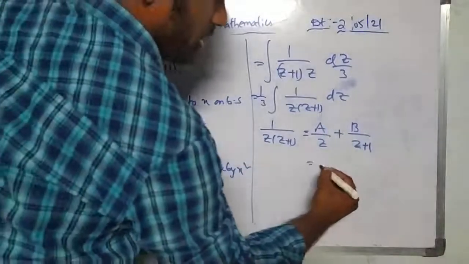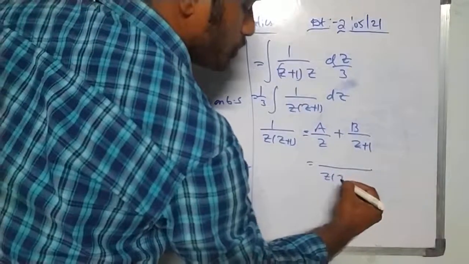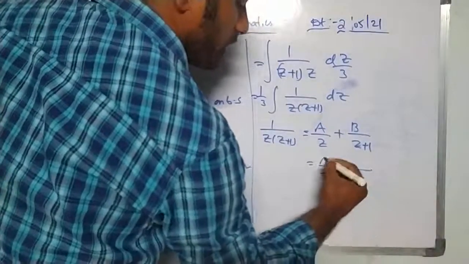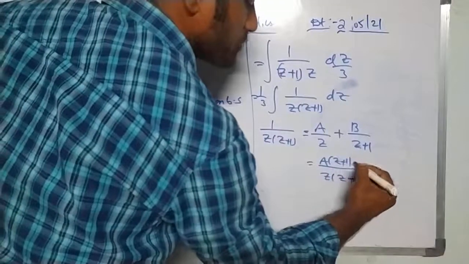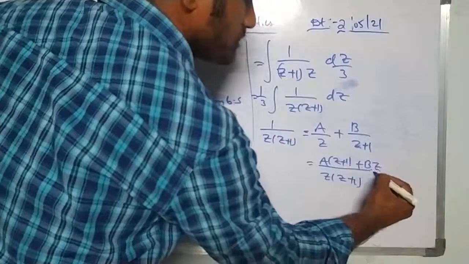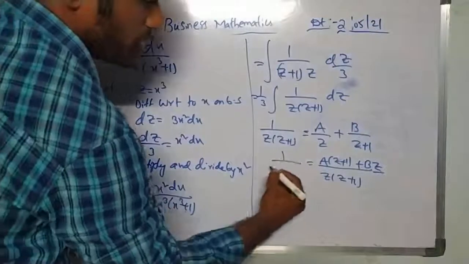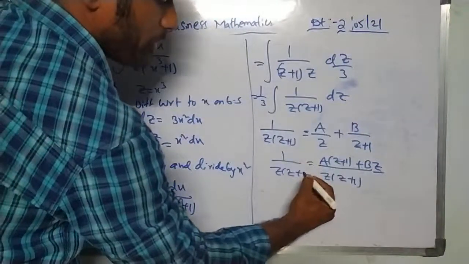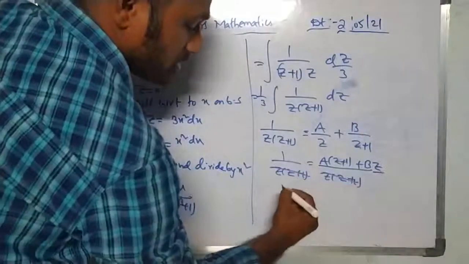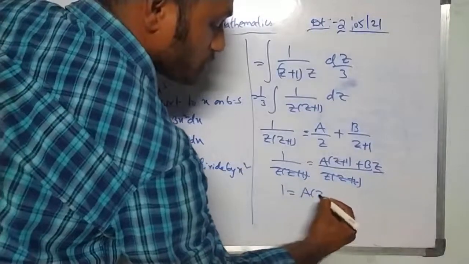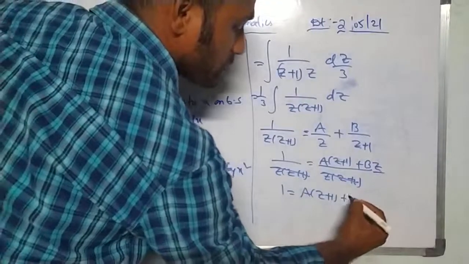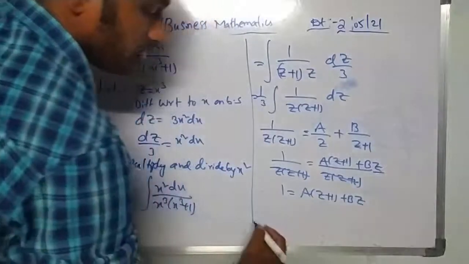So what is the overall LCM here? Z into z plus 1. Here a into z plus 1 plus b into z. So here also 1 by z into z plus 1. These two get cancelled. So 1 is equals to a into z plus 1 plus b into z.